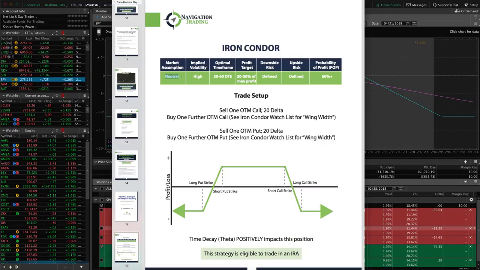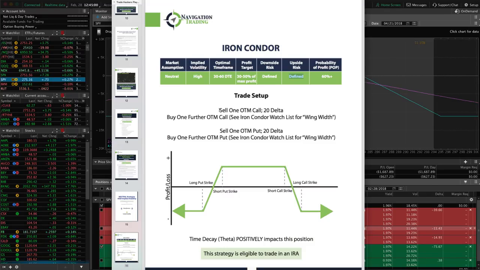So we want price to stay in a specific range. We want to enter when implied volatility is high, between 30 and 60 days to expiration. We're targeting max profit of 30 to 50%. And remember, our downside risk is defined, our upside risk is defined, so we'll know exactly what that is before we even enter the trade.